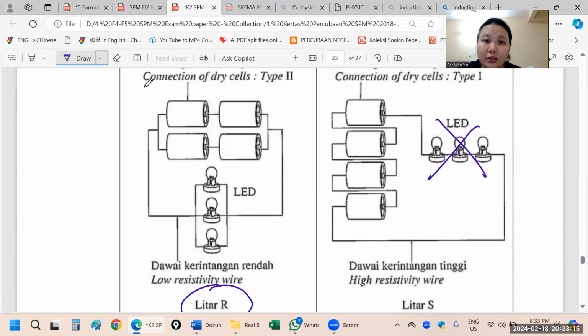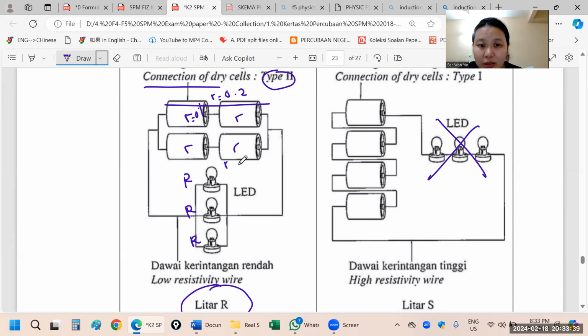Okay, the answer is this only. So the connection of dry cell type 2, why type 2? Because same thing, when this one has external resistance, all of them also have internal resistance. Let's say internal resistance is 0.1 each, so this one will become 0.2 internal resistance.